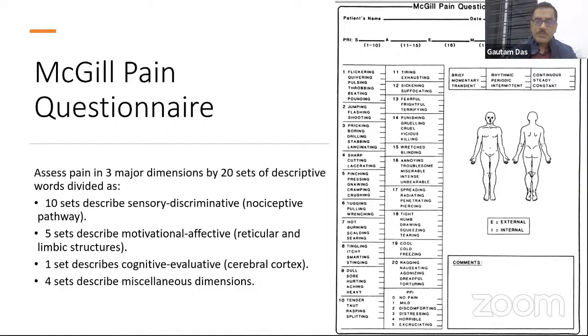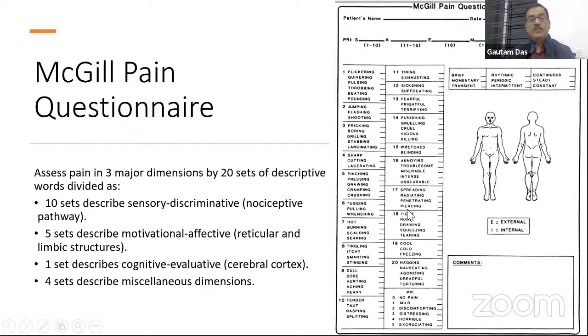One very common question, particularly my favorite question, is whether the McGill pain questionnaire can assess the quality of the pain, in terms of whether the pain is nociceptive or neuropathic. Can it assess that? The answer is no. The McGill pain questionnaire can assess the sensory component, the nociceptive pathway, but it cannot tell us whether the pain is neuropathic or nociceptive.